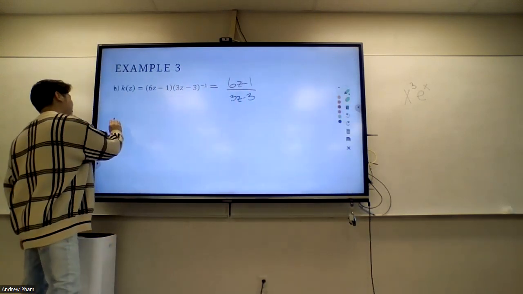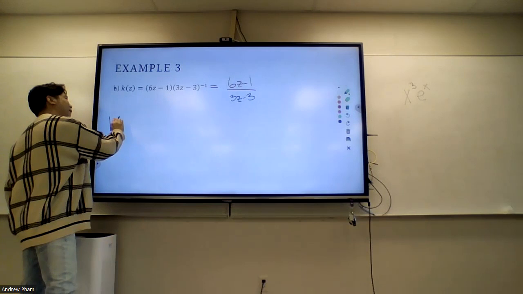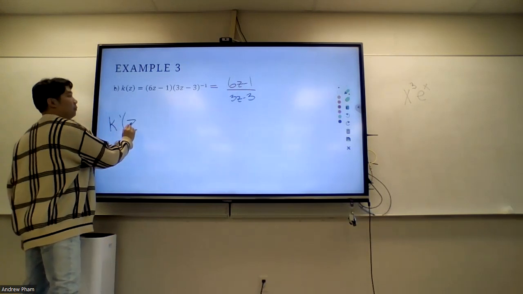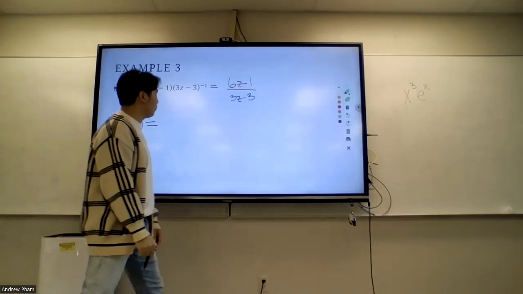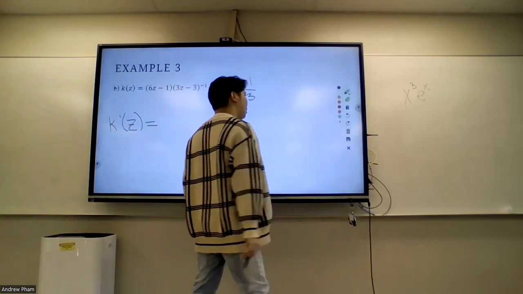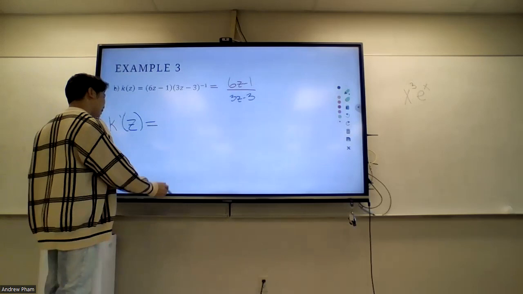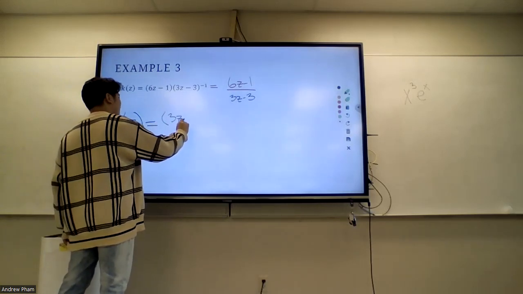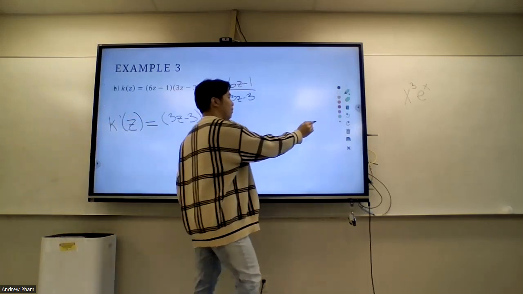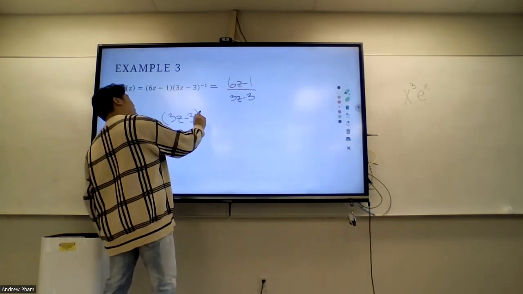So the derivative, k prime of t. Now tell me, what should I write down? 3z minus 3. What's next?